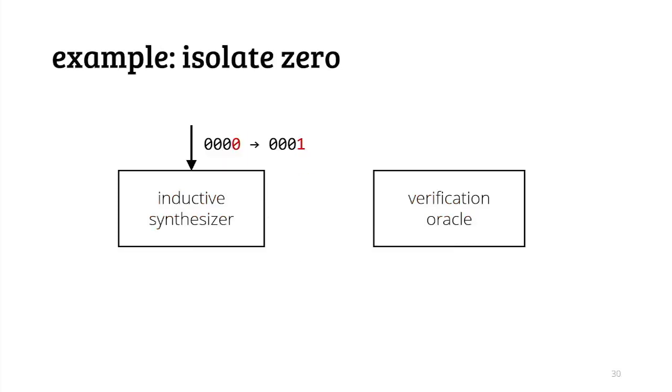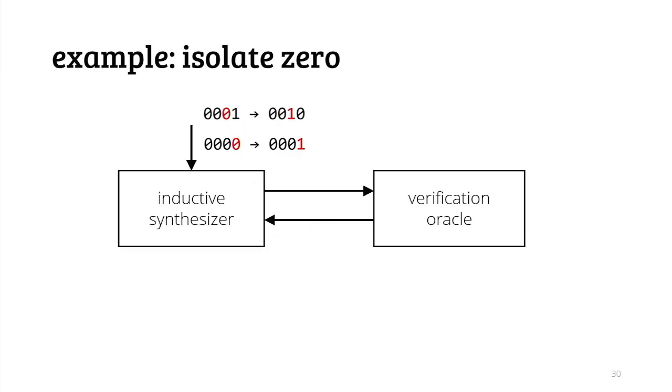And so on our example of isolate 0, maybe we will start with the initial example that would just say 0 maps to 1, right? And then the inductive synthesizer might say, oh, I know, it's just the constant 1. That's the program. And then the verification oracle will be like, no, that doesn't work, because if your input is 1, the output should be 2, right? So constant 1 doesn't work.